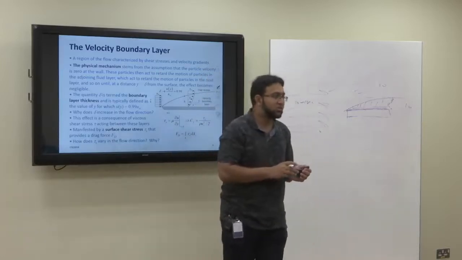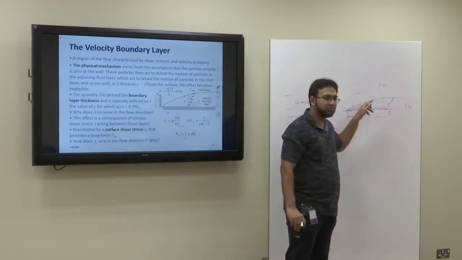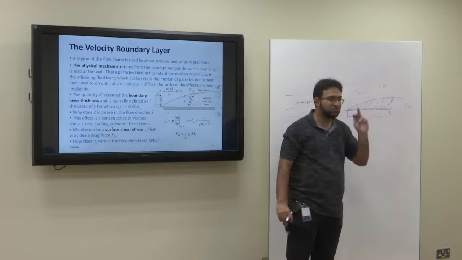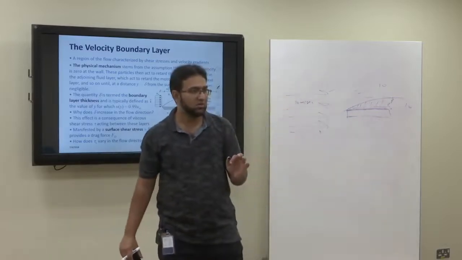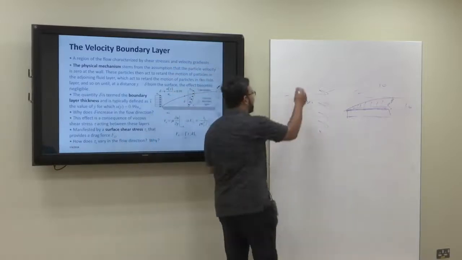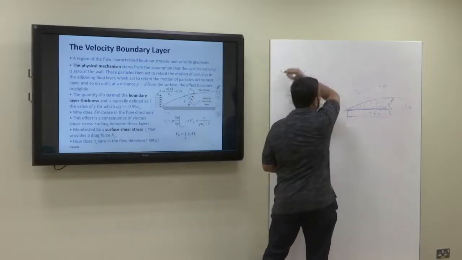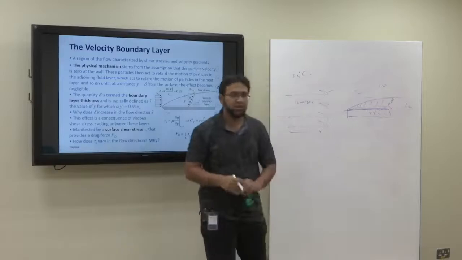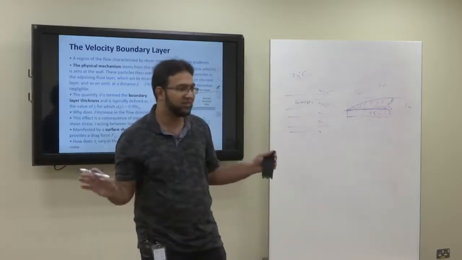Now this region is known as the boundary layer region. We are not talking about temperature. This thing might be at 25 degrees centigrade, and this body is also at 25 degrees centigrade, so the whole region is at 25 degrees centigrade. There is no temperature distribution, no temperature gradient anywhere.